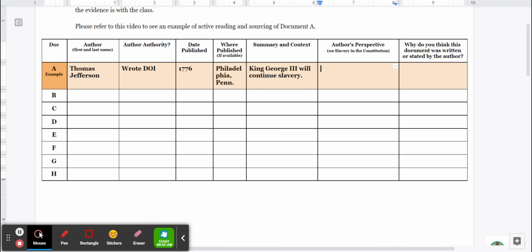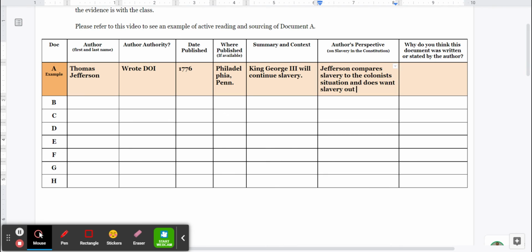And if you find out the author's perspective, the thought here is that Jefferson, notice I didn't say Thomas because he's not my friend, I used the last name, Jefferson compares slavery to the colonists' situation and does want slavery out of the Declaration of Independence.